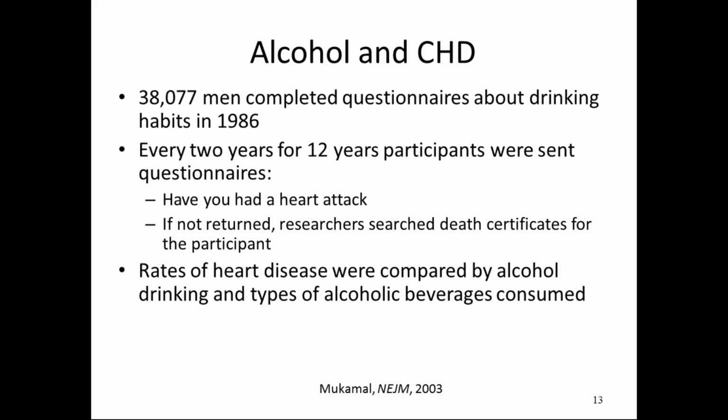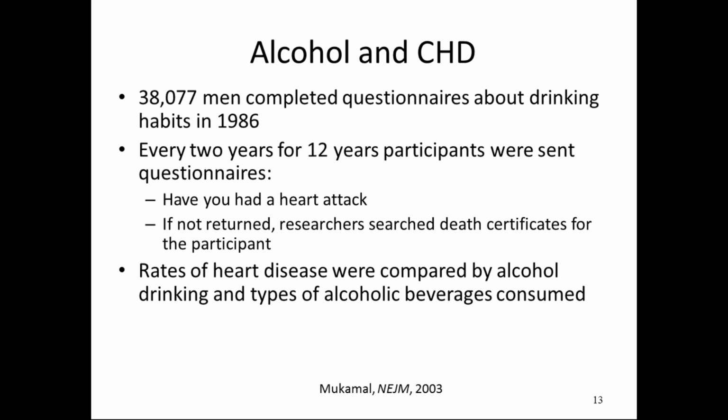Another study that they did that's kind of cool was in Germany. There are some areas of Germany that are wine drinking areas and others that are beer drinking areas. So they were trying to get at whether it's the red wine versus other things. What they showed was that people who drink the standard drink in their area actually do better.